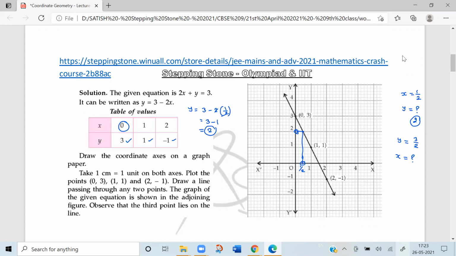So y equal to 3 by 2 means between 1 and 2. Draw a horizontal line to meet the line, and then draw a perpendicular to the x-axis. Now, can you say what is this value? One upon 4.